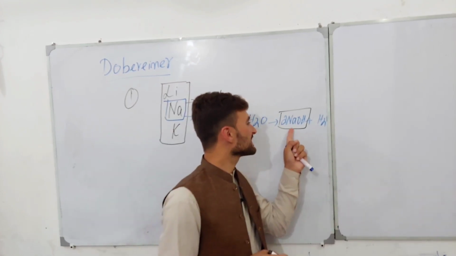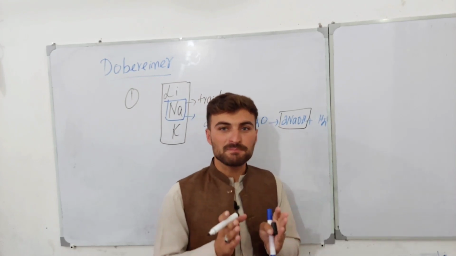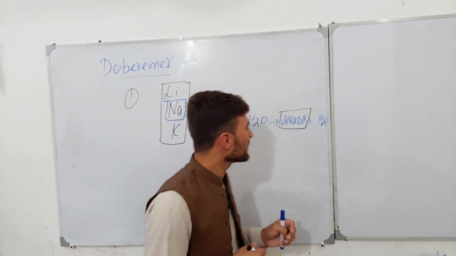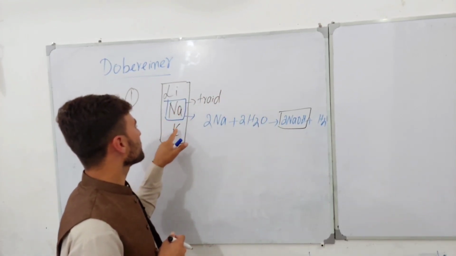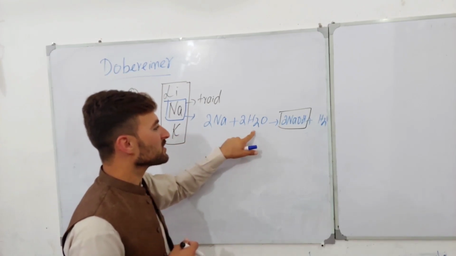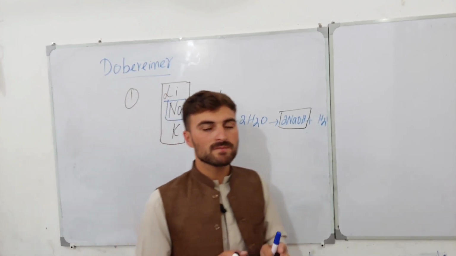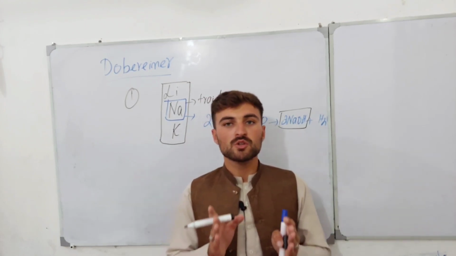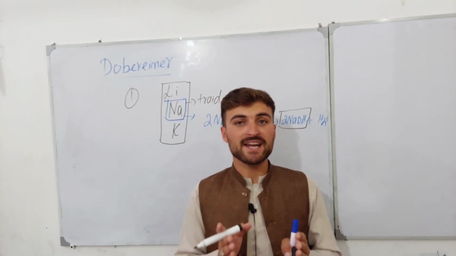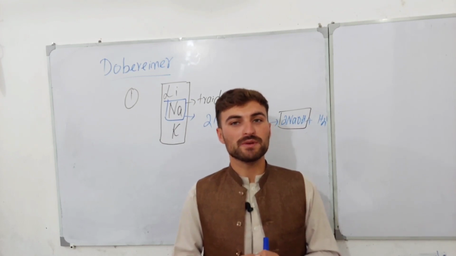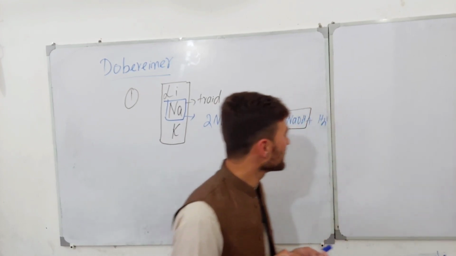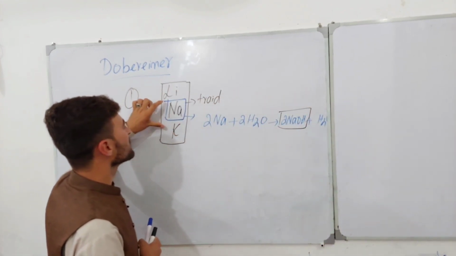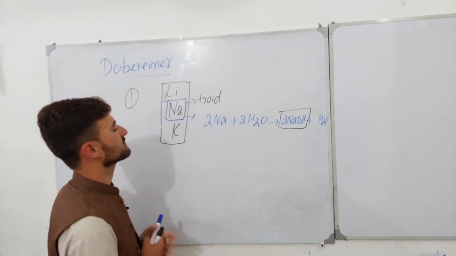So what is this? This is a base. So as we said, when these alkali metals react with water, they always give an alkaline or basic solution. So the first great work of Dobereiner was that he said these elements have the same chemical properties.